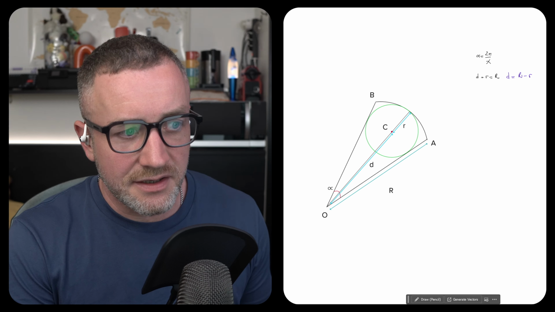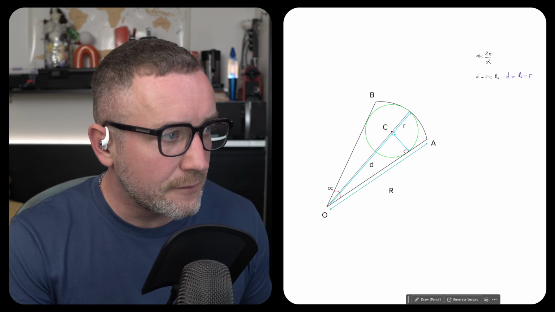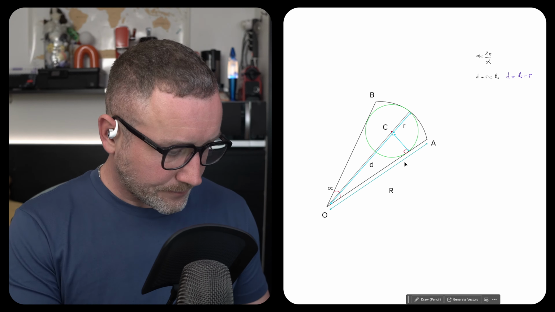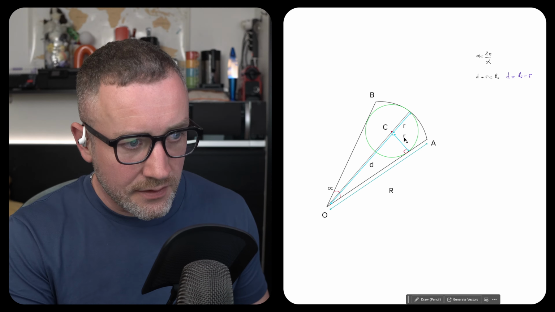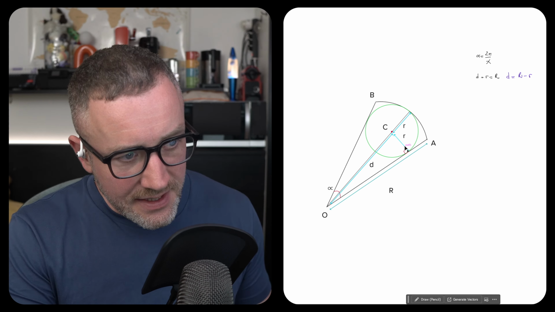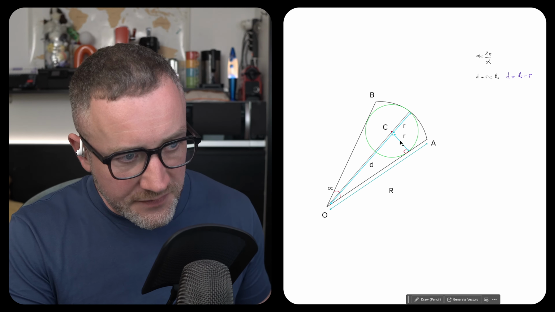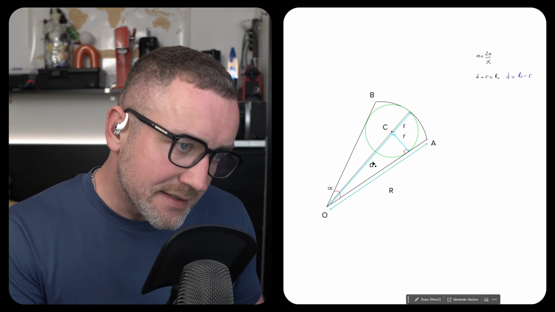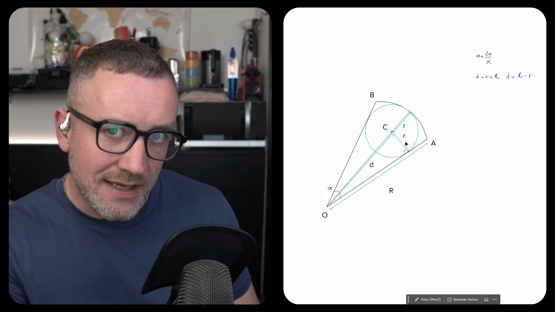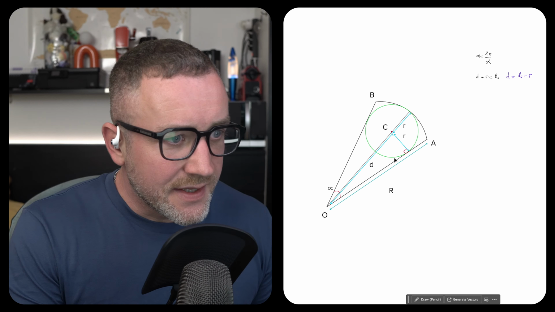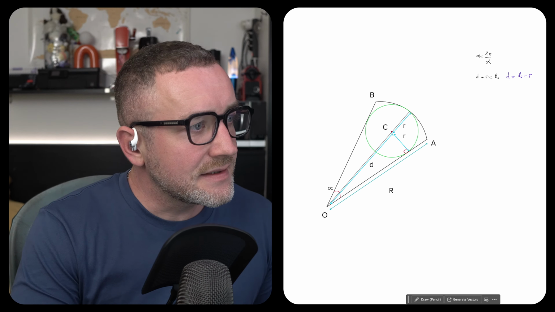I don't know if I'm being clear, but if you see the schema, it will be clear, I suppose. So we know that this segment is also the small radius, and it forms a right triangle that has D as the hypotenuse and r as the opposite side. That allows us to express D.